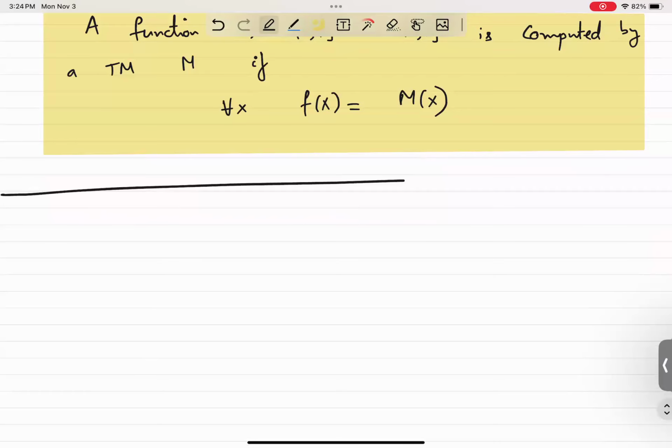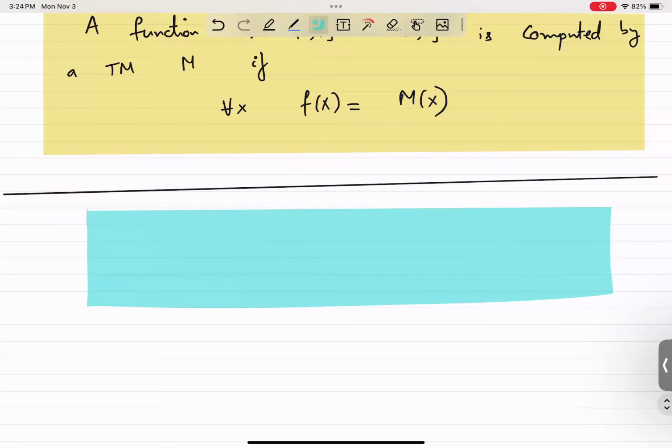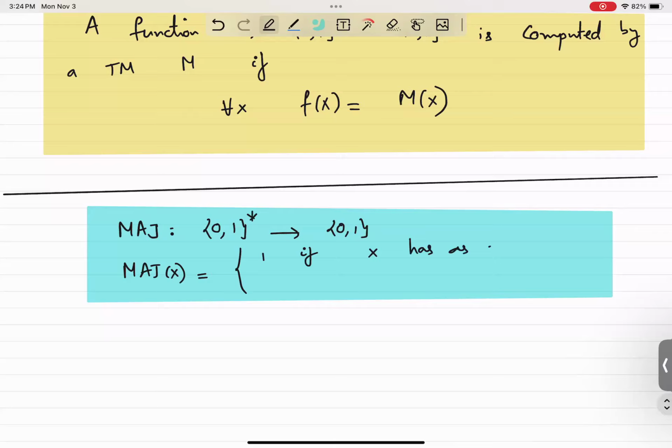All right. In some sense, we saw how to compute the function which flips every input bit. Now let's do something a little more complicated. It's also a good example because it shows us how to do stuff that we couldn't do before. Let's consider the majority function: output 1 if there are at least as many ones as zeros, and 0 otherwise.